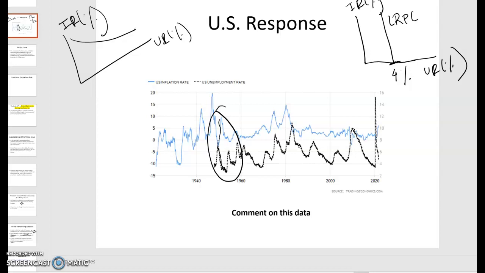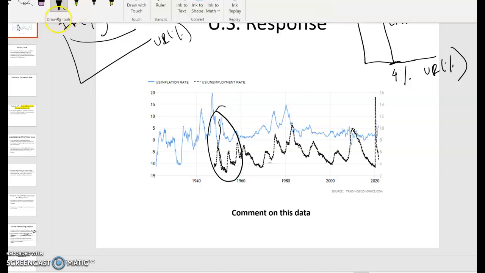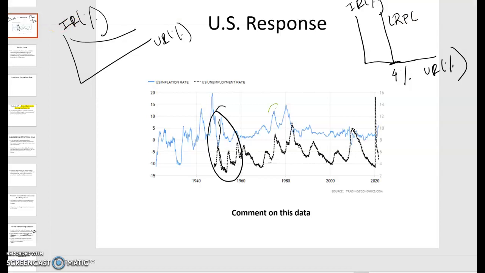Now, I was trying to look at the 1970s, and over here in this section, I found both inflation rate and unemployment rate are going up. So basically, there were some kind of external shocks to the economy in the 1970s. We had the oil price embargo that really shifted the aggregate supply curve and increased both inflation and unemployment rate.